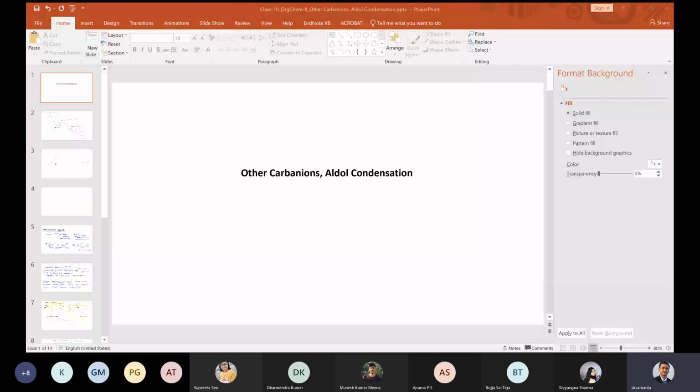One of those is the acetylide anion, CH triple bond C minus or RC triple bond C minus. This part of the talk is actually from Peter Sykes' book. You can look there and you will find all the materials.